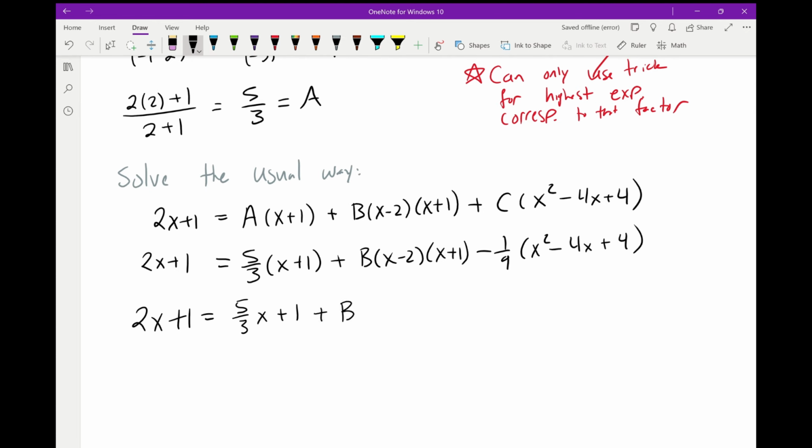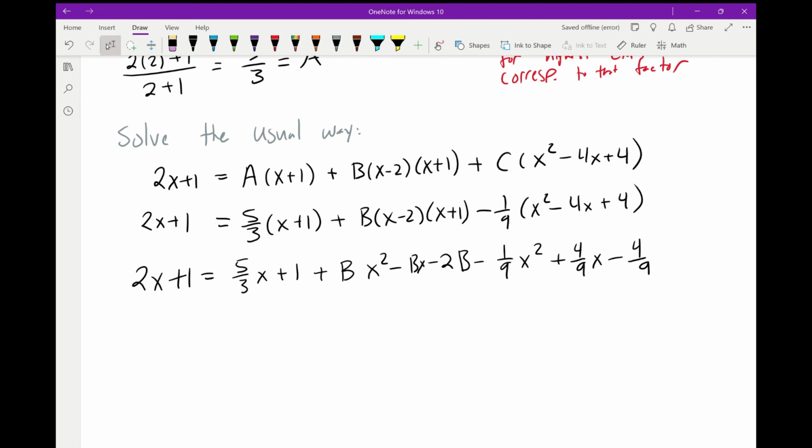Plus B times x squared minus x. And so it's going to give us Bx squared minus Bx minus 2B, or not to be, that is the question, minus 1/9 x squared plus 4/9 x minus 4/9.